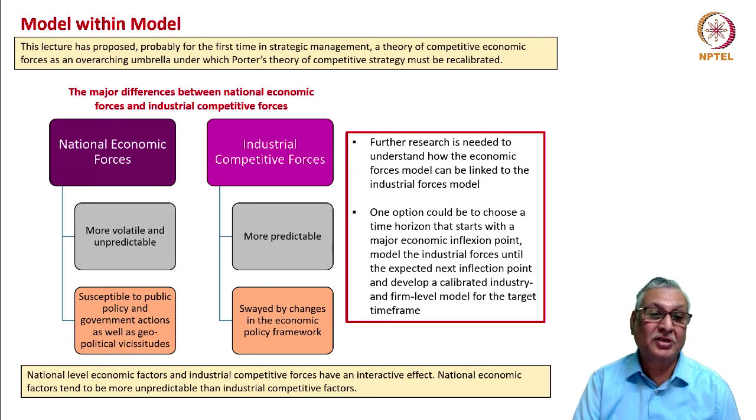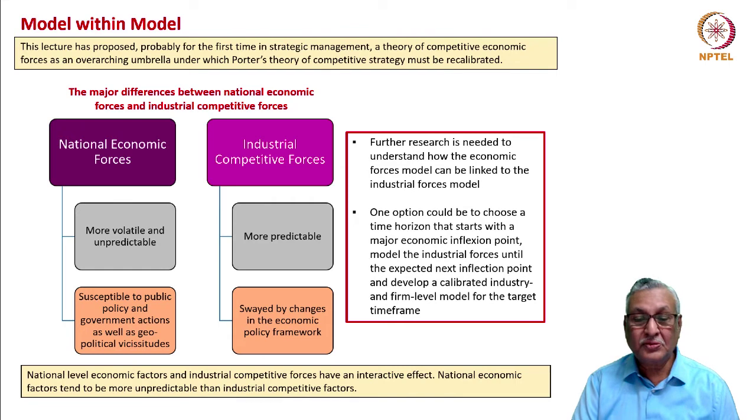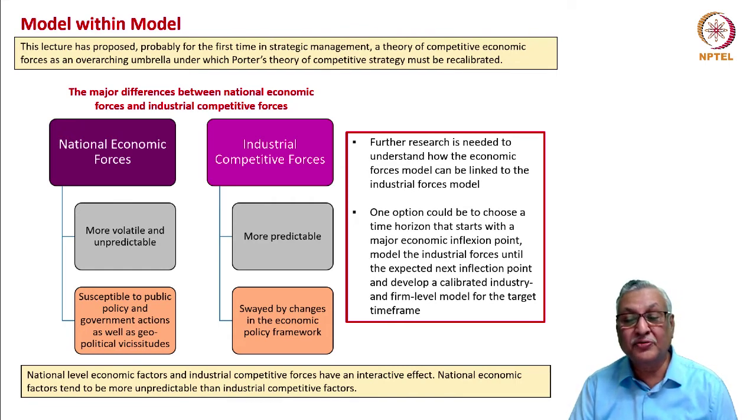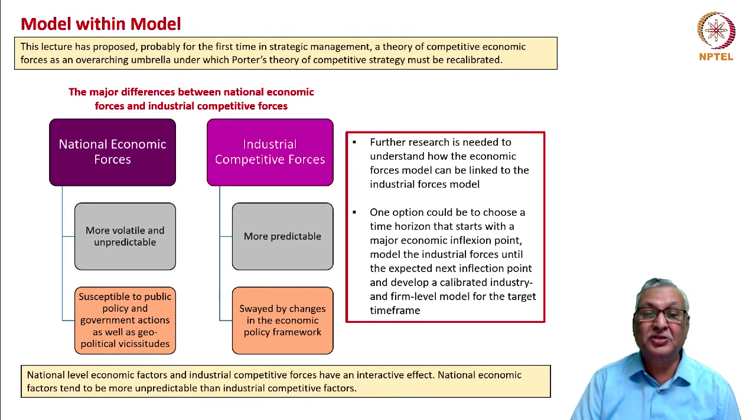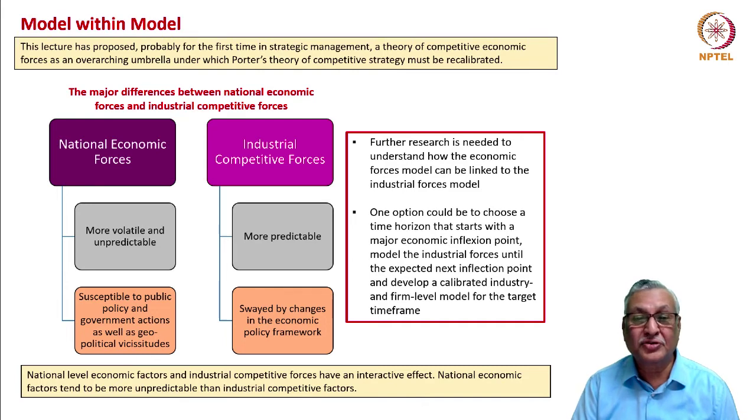We have to recognize that these two types of forces have interactive effect. National economic factors tend to be more unpredictable than industrial competitive factors. Per contra, industrial competitive forces and industrial development actions could have the ability to buffer or smoothen the effect of the volatile national economic forces. So both ways we have to view the interaction.